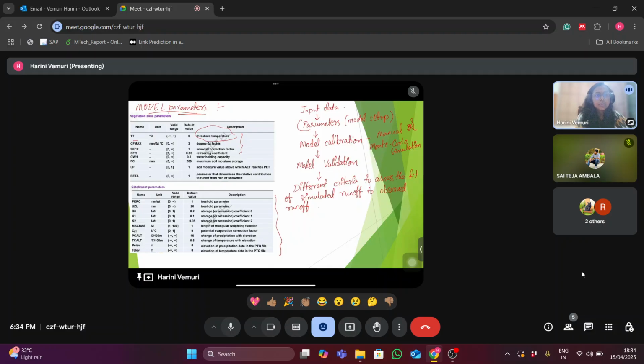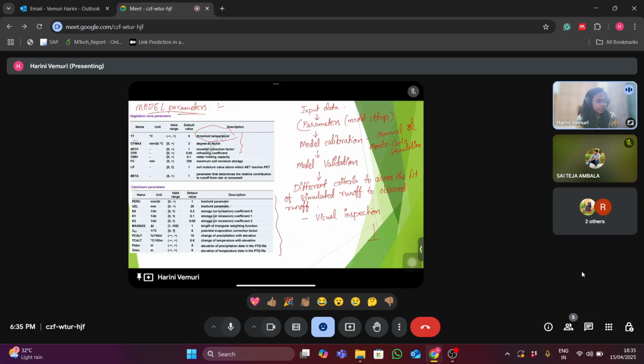As I have told you, how do we say the simulated runoff and observed runoff are matching well? For that we use different criteria, like MSE, NSE, or just visual inspection, if you draw both the time series.